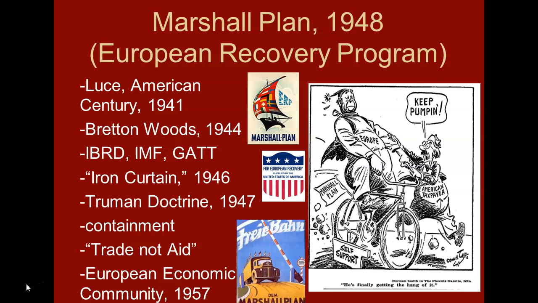You see that reflected in the cartoon there, he's finally getting the hang of it. Europe doesn't know how to quite conduct its own affairs, and so the Americans are going to help them out. And so European businessmen had to take classes under the Marshall Plan on how to do things like marketing and distribution.